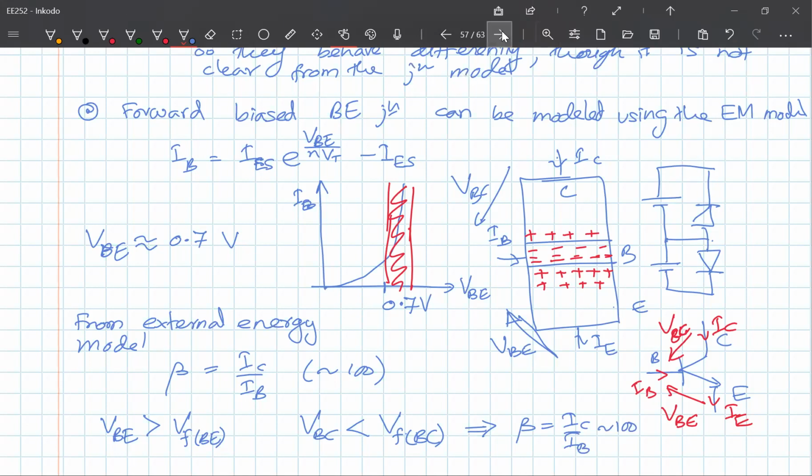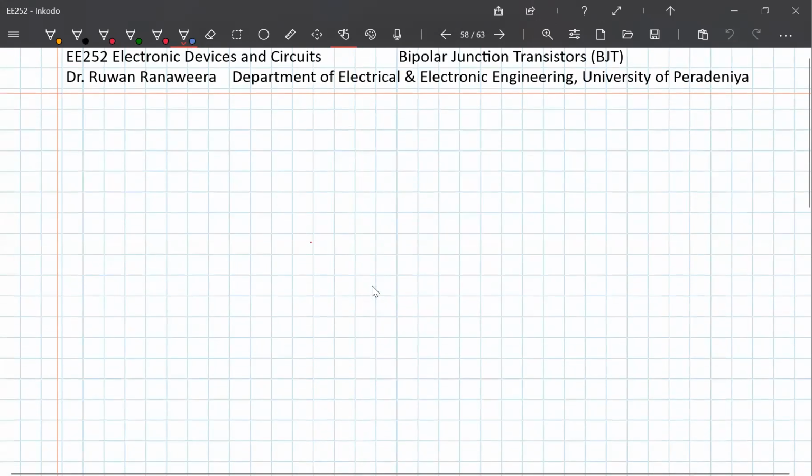However, it is also possible to connect it in the opposite method. We call this the reverse mode, right? So this is the correct mode, but if we connect it the other way around, in other words, the base emitter junction reverse biased and base collector forward biased, this is called the reverse mode.